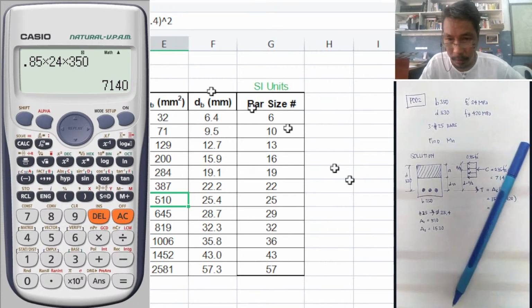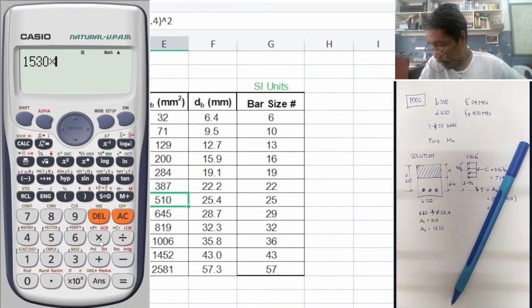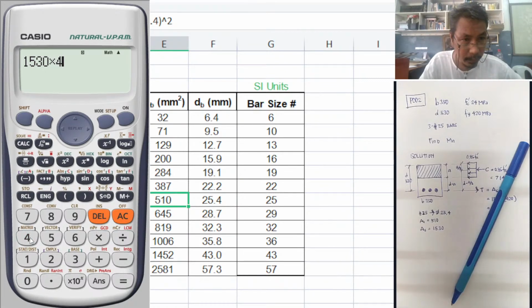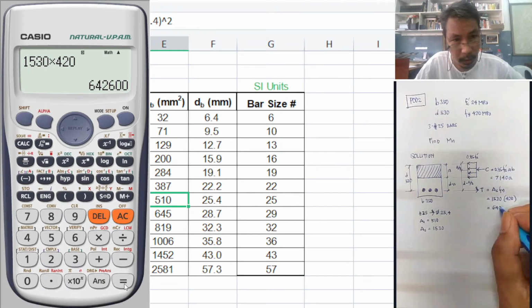Again, use our calculator. 1530 times 420, we have 642,600.